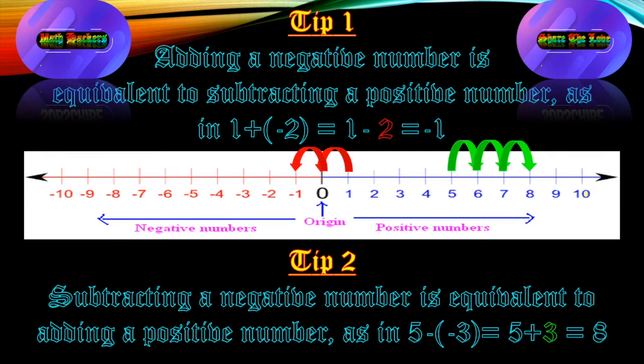Tip 2. Subtracting a negative number is equivalent to adding a positive number. Also, a double negative is the same as a concurrent negative, which is positive, as in 5 minus negative 3, which is 5 plus 3, which is 8, as illustrated on the number line.